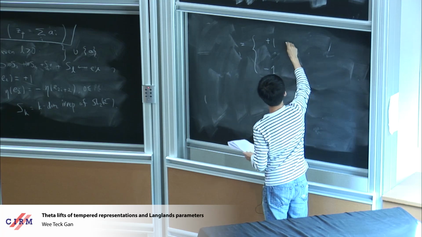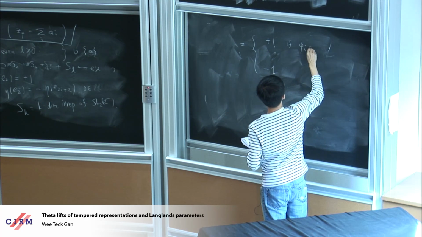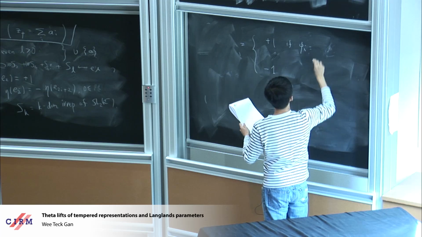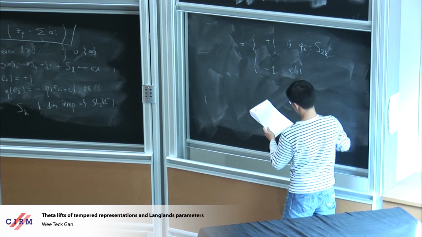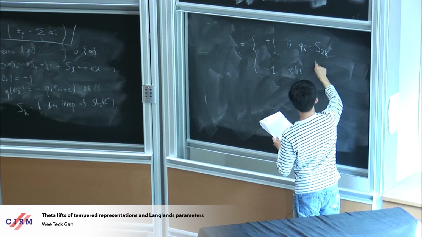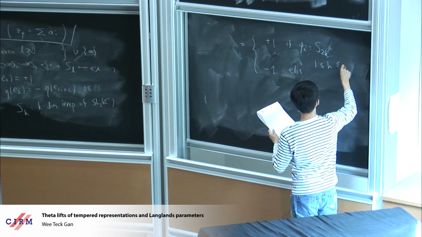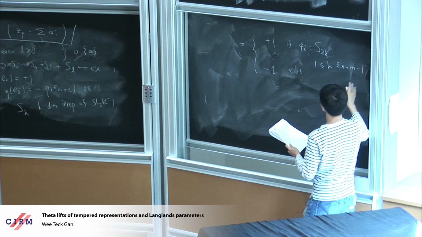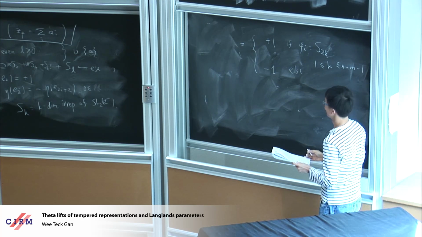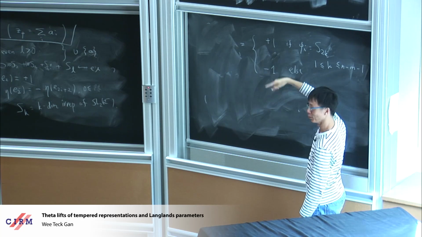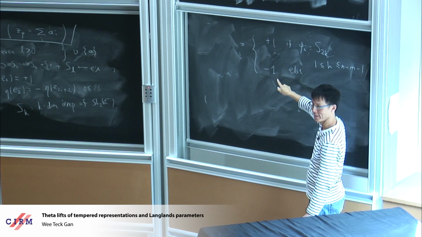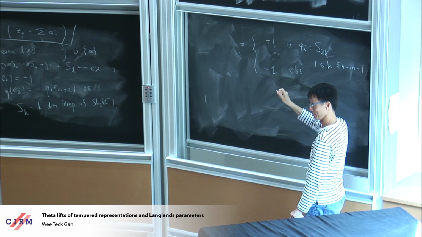And if phi_i is S_2k, else, for k between this. So basically we are saying that eta prime looks like eta, except you change it at some basis, some Z mod 2s.